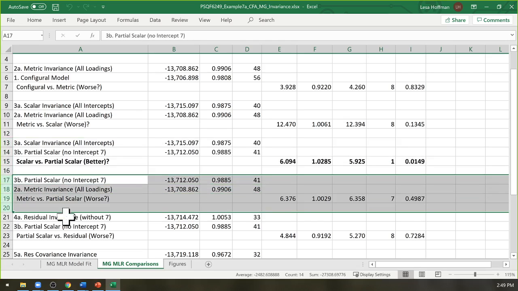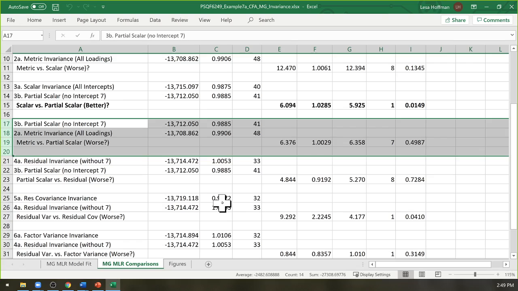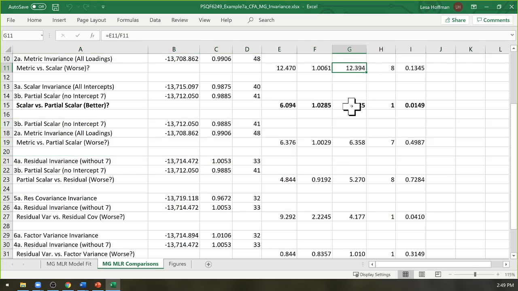I then compared the model with partial scalar invariance, where 8 out of 9 intercepts are constrained, back up to the metric model where none are. And it's not worse. So putting all 3 of these numbers together, 12 is the difference between the model that has none of the intercepts constrained and all of them.